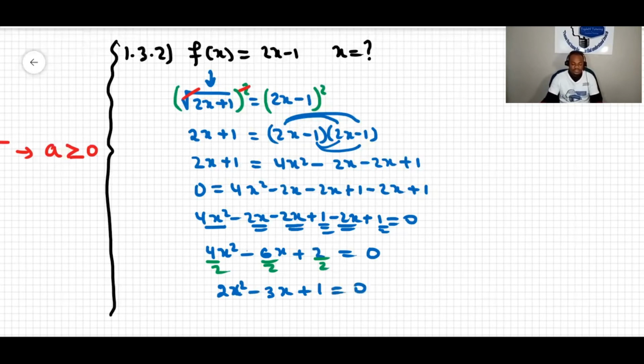Now we need to factorize this, but we need to be careful because there is a coefficient different than 1 in front of the x squared. So we are going to do 2 times 1, which makes 2, and the only factors of 2 are 1 and 2.